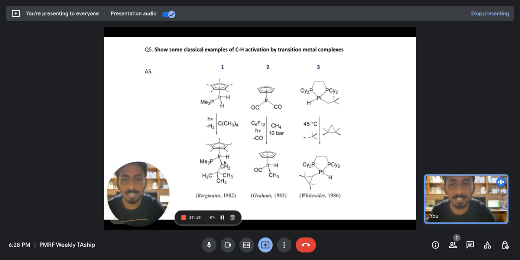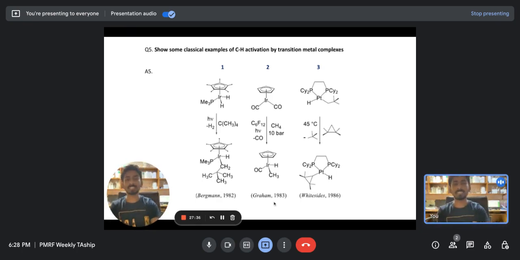So this is an organometallic species we produce, with two organometallic entities: one is Cp*, and the other is the neopentyl group. This is a classical example from the scientist Bergman in 1982, where he showed this entire mechanism.